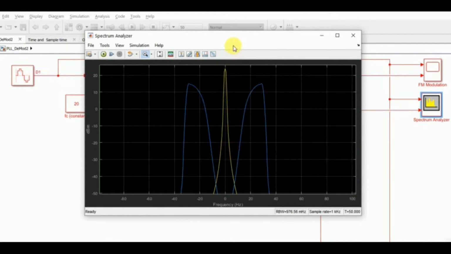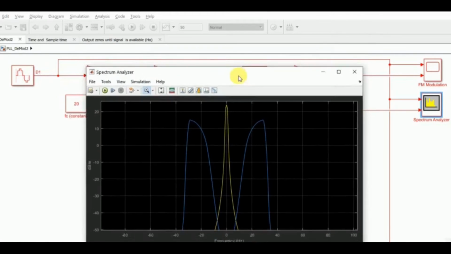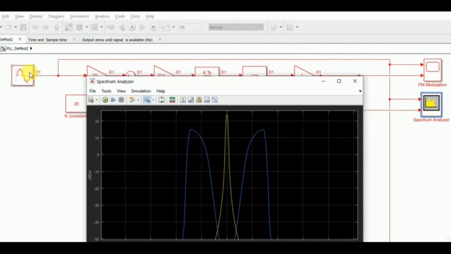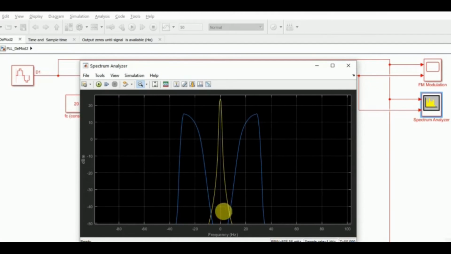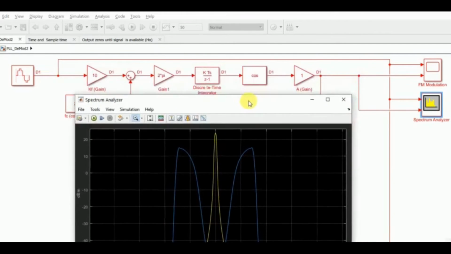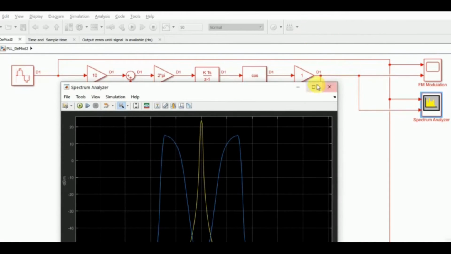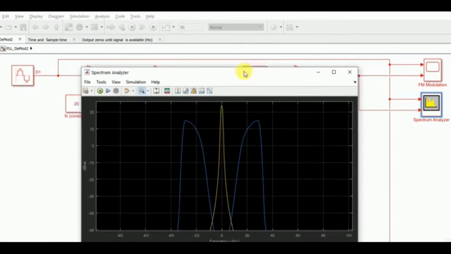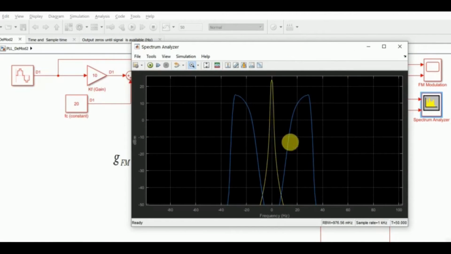So this golden curve is appearing from our message signal, which is a baseband signal. So it's called baseband because it is centered at zero frequency. This is a low frequency signal. And then we have an output of a frequency modulator, which is appearing over here in this blue line.